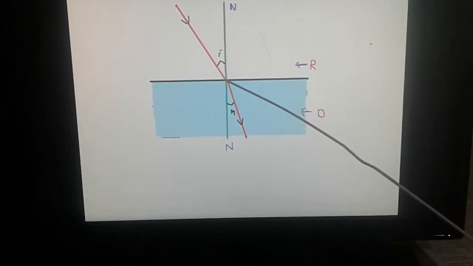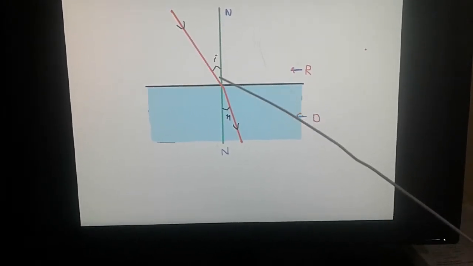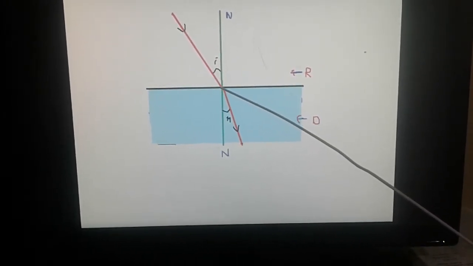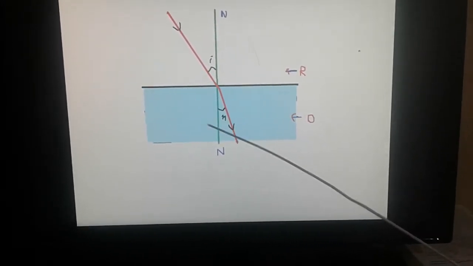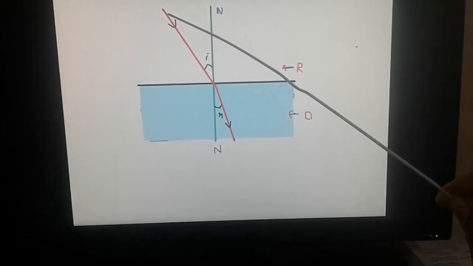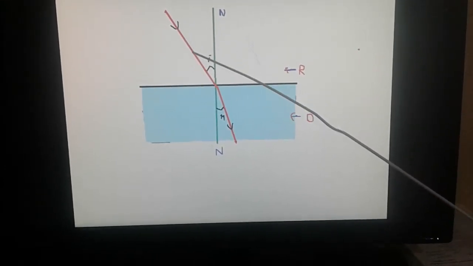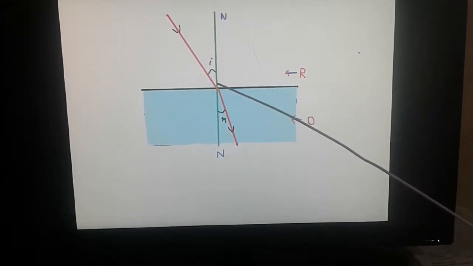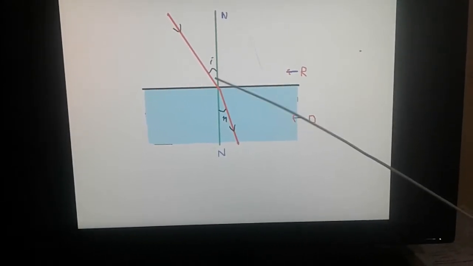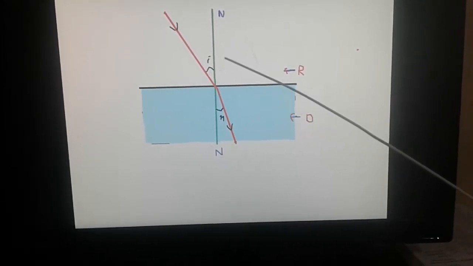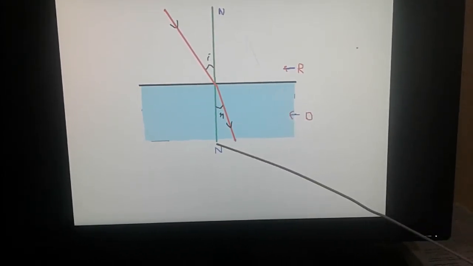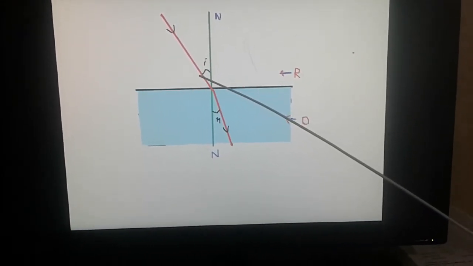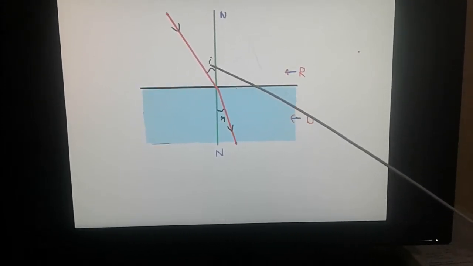This is the light ray, and when refraction occurs, this light ray bends towards the normal. Once again, listen here. This incident ray hits the water surface, gets refracted and bends towards the normal. So the angle of incidence is i.